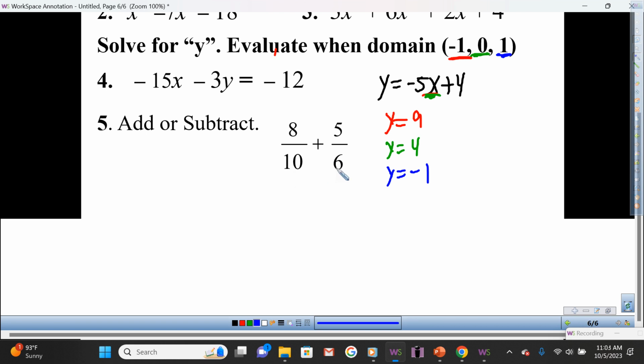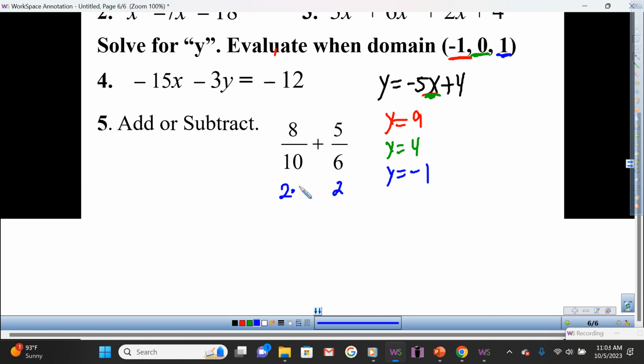Next, tell your neighbor, what GCF did you use to get started for these denominators? Anthony E., what GCF? 2 and 2. Hands if you got that.